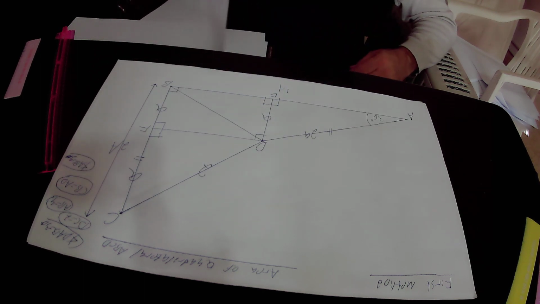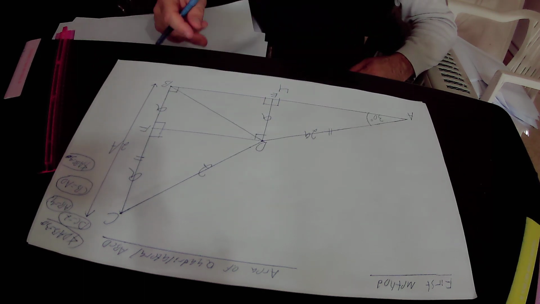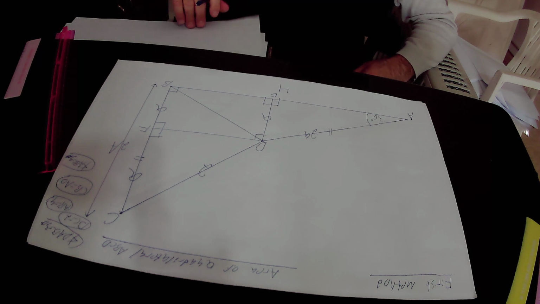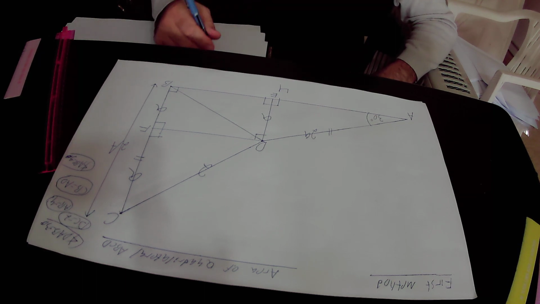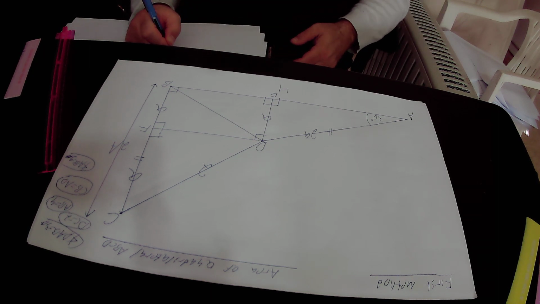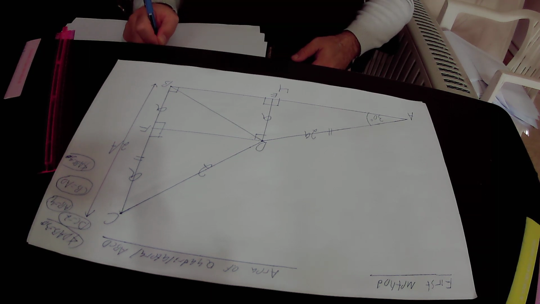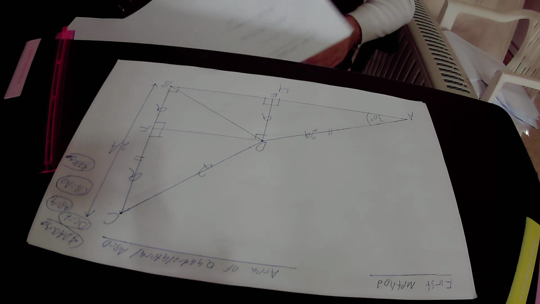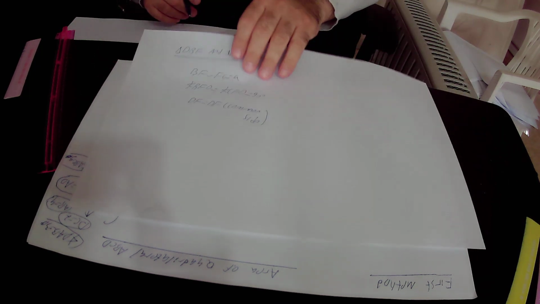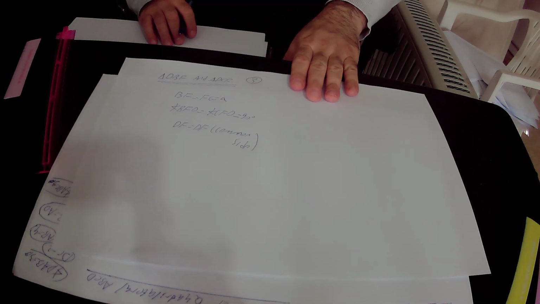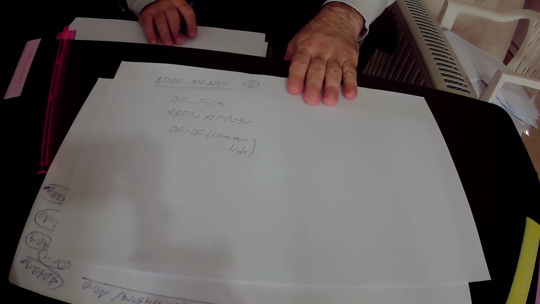And DF is a common side, that is to say, it belongs to both triangles, so we can write down that DF equals DF.